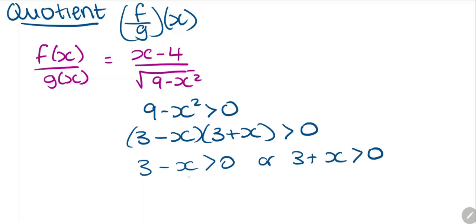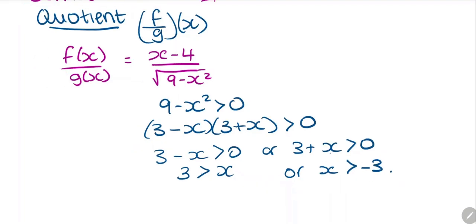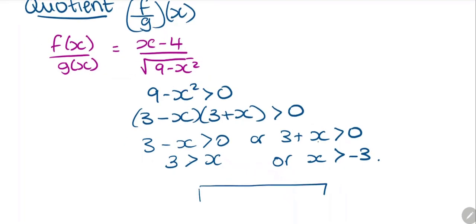So this is going to be x is less than 3, or we're going to have x is greater than minus 3. So if I look at this on the number line, this is negative infinity, I'm going to have negative 3, and I'm going to have 3.